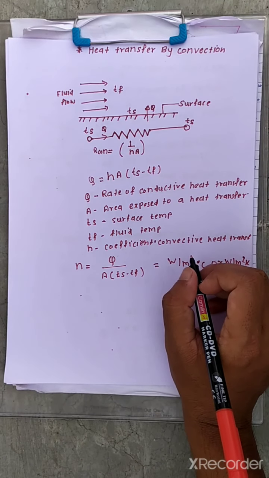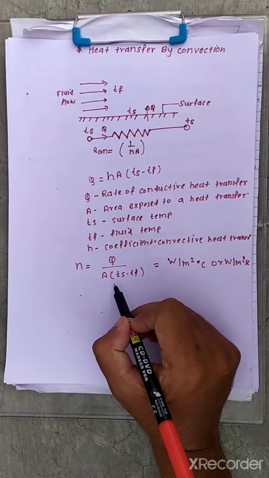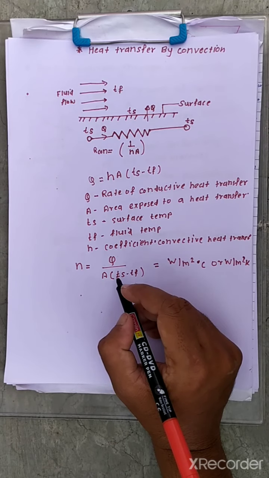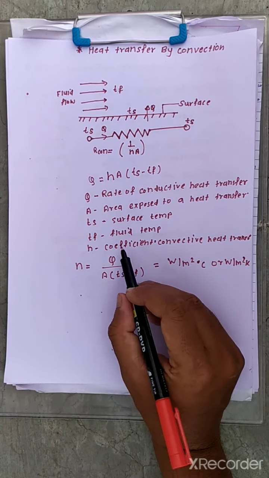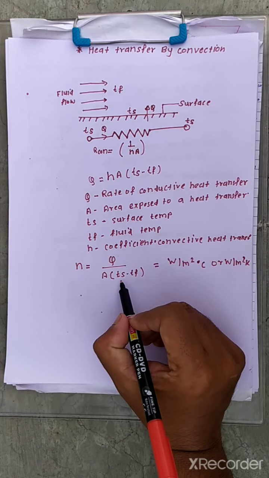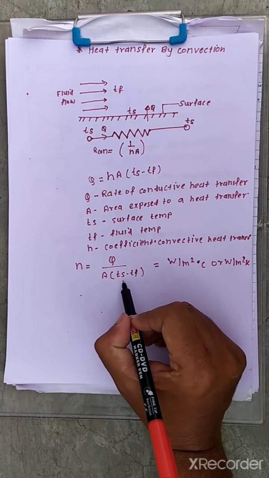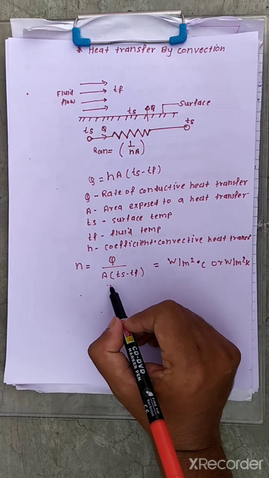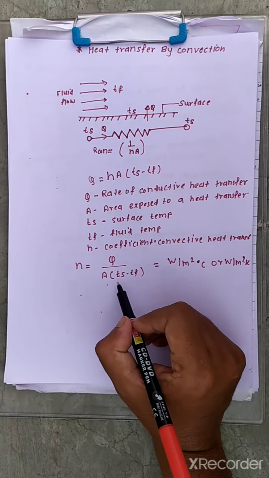The coefficient of convective heat transfer h is also known as the film transfer coefficient. It may be defined as the amount of heat transfer per unit time per unit temperature difference between the surface and the fluid and per unit surface area.